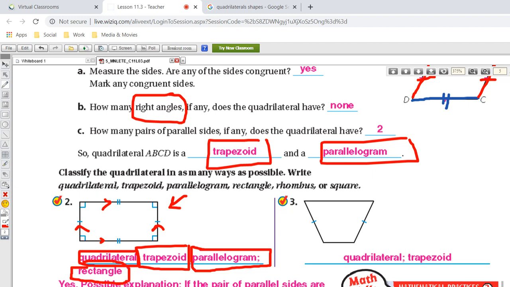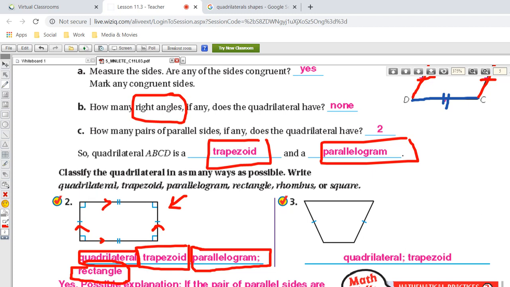So the order is firstly quadrilateral, because all our shapes today have four sides. Then we write trapezoid, because we have two opposite sides parallel.